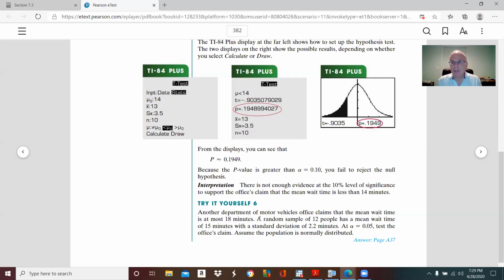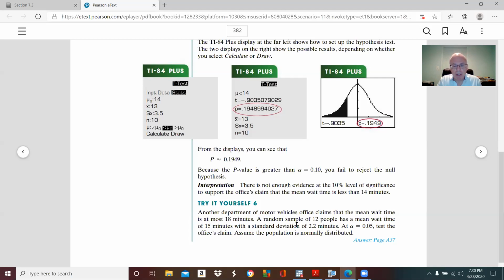So if you go back to 7.1, when it says at most, that means less than or equal to. It has that equal to in it. That must be the null hypothesis that has the claim this time. The previous problem, remember, had the alternative hypothesis as the claim.